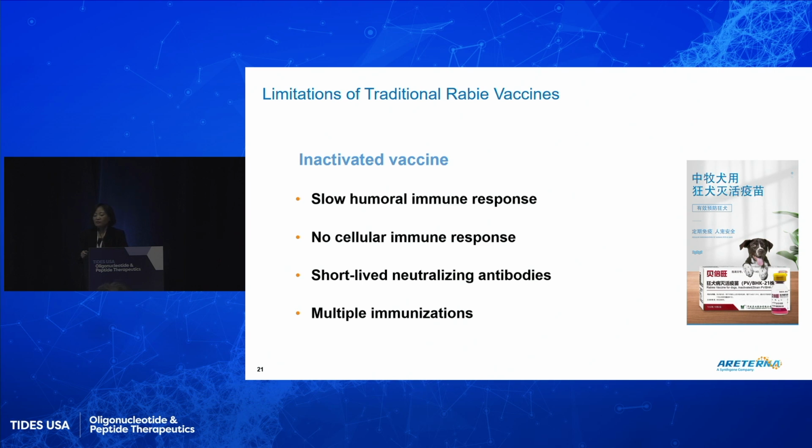So the current state is inactivated virus. The issue with the current vaccine is it shows a slow humoral immune response, and the vaccine does not give any cellular immune response, and the protection is a little bit short-lived, so you need to give multiple immunizations.